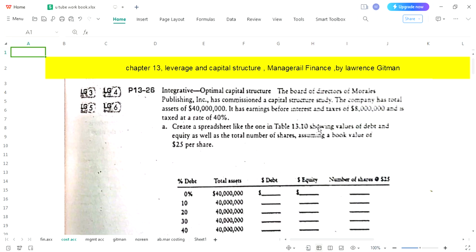Showing values of debt and equity as well as the total number of shares, assuming a book value of shares of 25. Since this whole statement has been given here, we don't need to see 13.10. We will follow this table, and the same table would be present in 13.10.